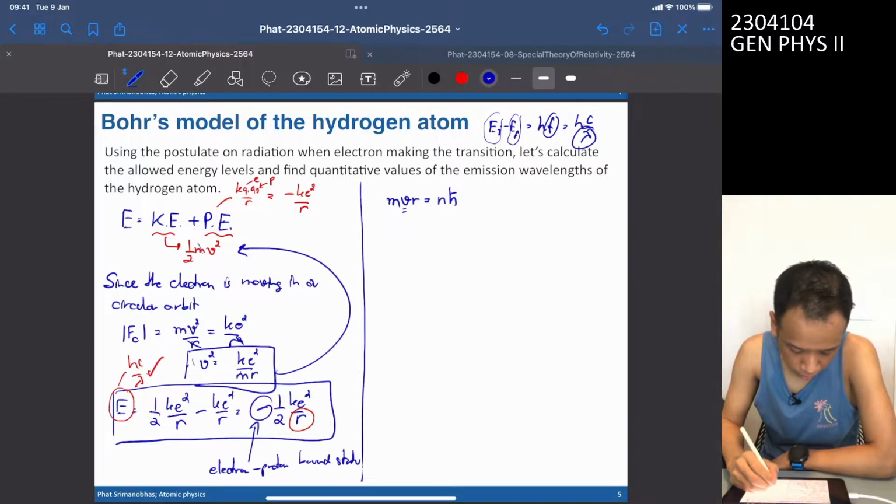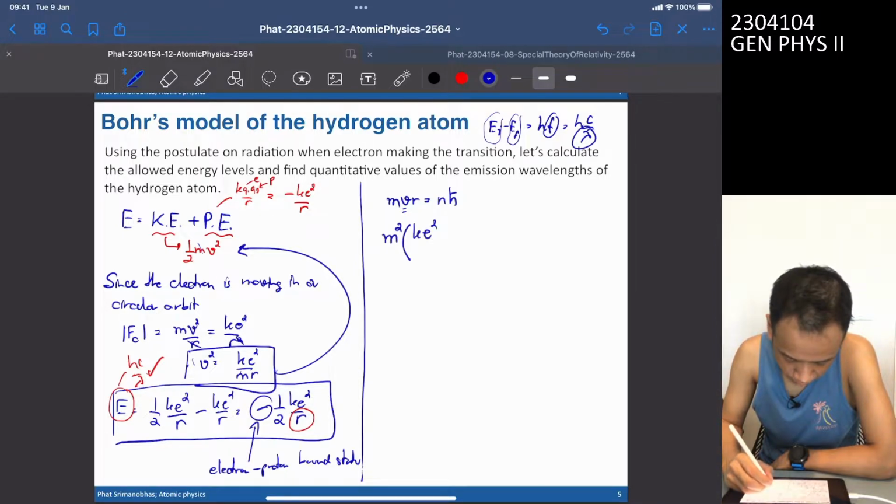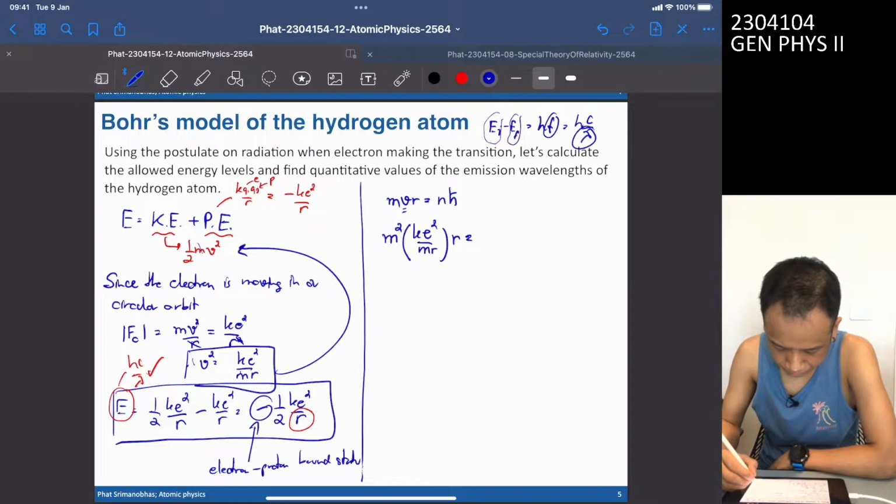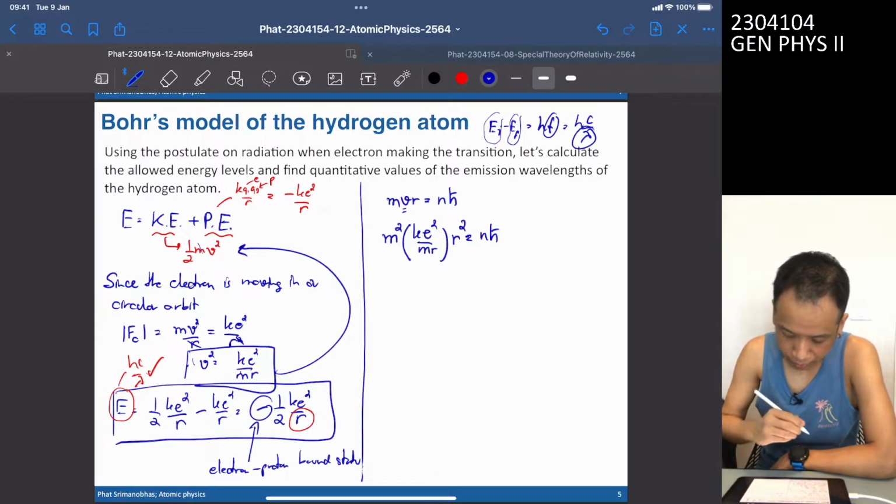What you have is v square equal to ke square over mr. So we do the same and square: m square v square is m ke square over r, right, r square equal to n square h bar square.